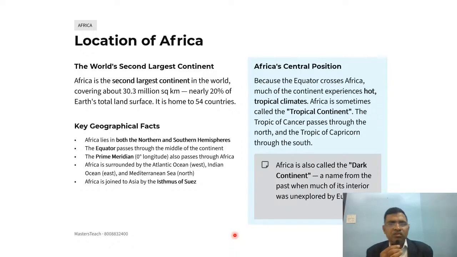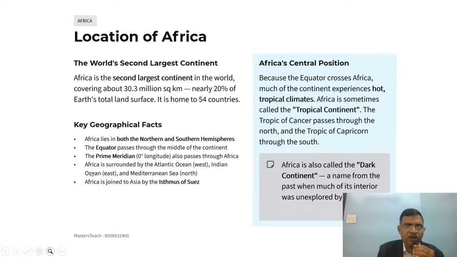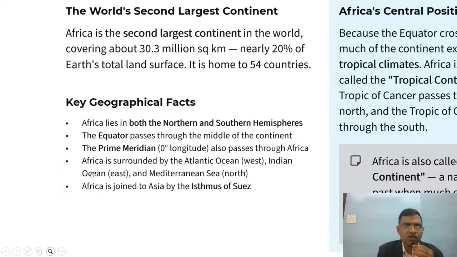Okay, the key geographical facts about Africa: it lies in both the northern and southern hemispheres. The equator passes through the middle of the continent, and the Prime Meridian, the zero longitude, also passes through Africa.